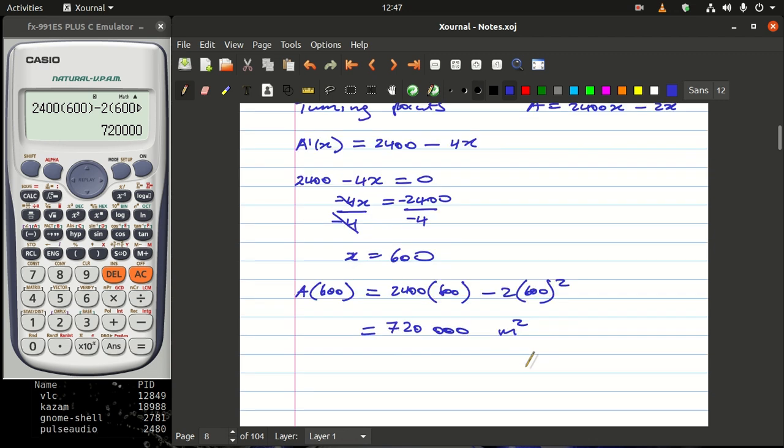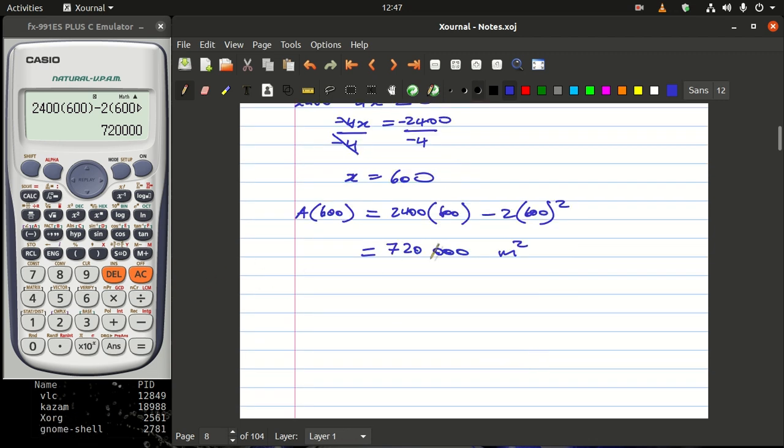What does that mean? If you look at 720,000, let me write this here. Since A of 600 is bigger than A of 0, and A of 600 is bigger than A of 1200, what is this saying?